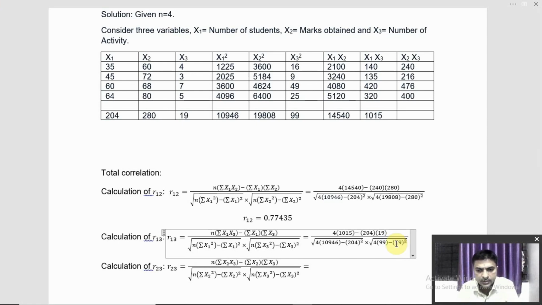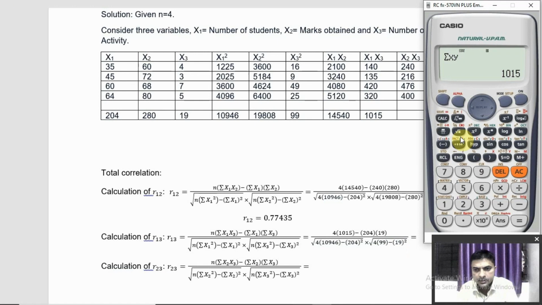Now without wasting your time or simplifying this, directly get the answer. Go to the calculator once again. You are going to find R13, that is the correlation coefficient. Shift 1, 5, 3, is equal to 0.6679 is the answer.